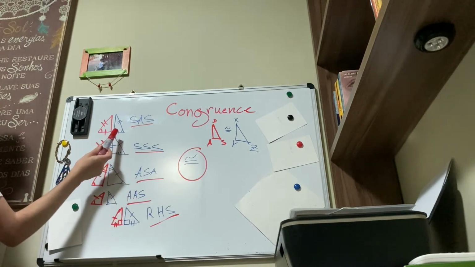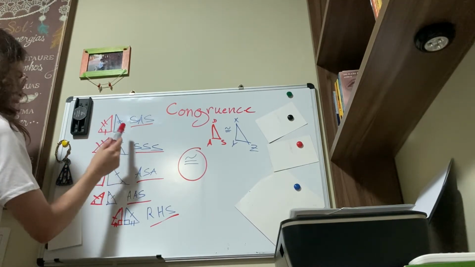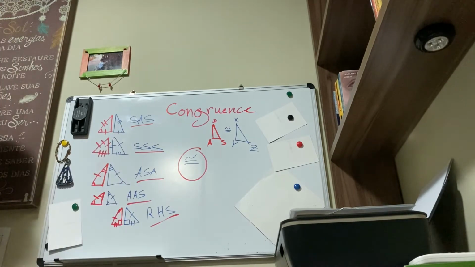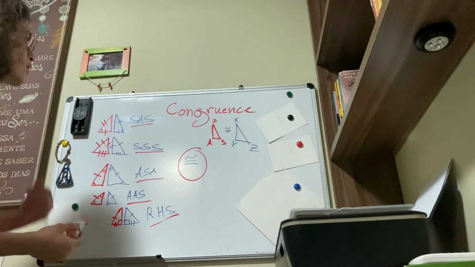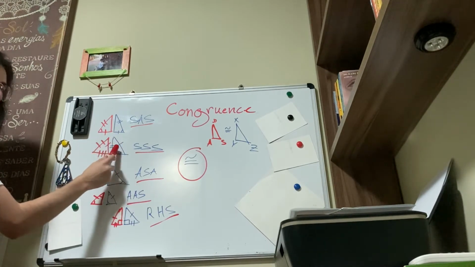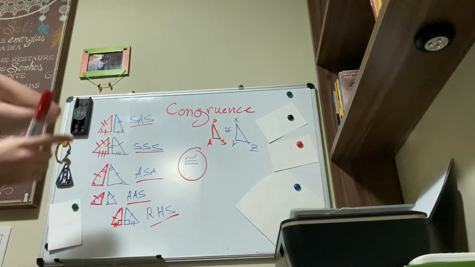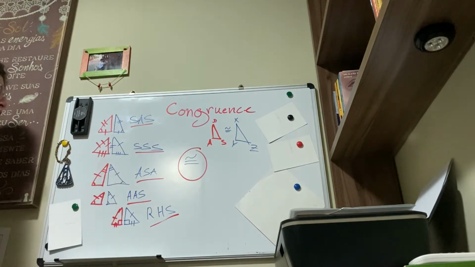And so if a triangle has the same side, then the same angle, then the same side, in that order, it's congruent. Or if the triangle has the same side, then another side that's the same, then another side that's the same, so that's three sides, that's also two congruent triangles.